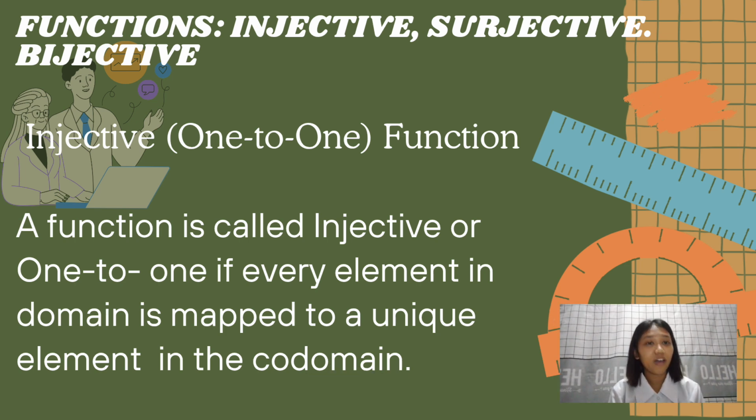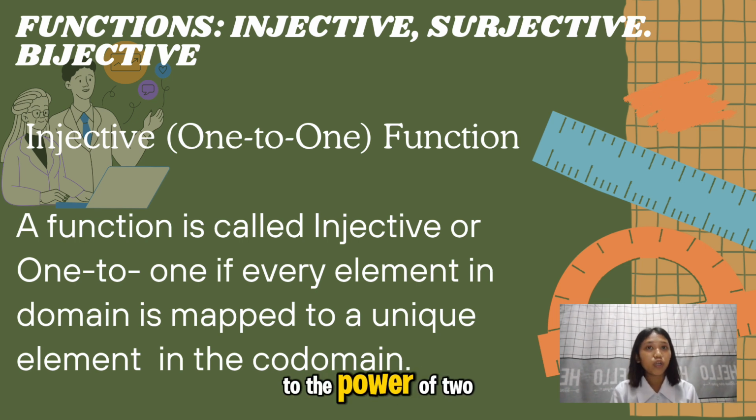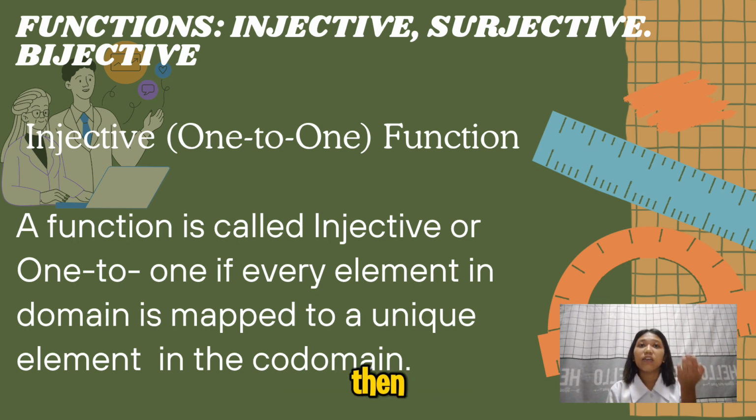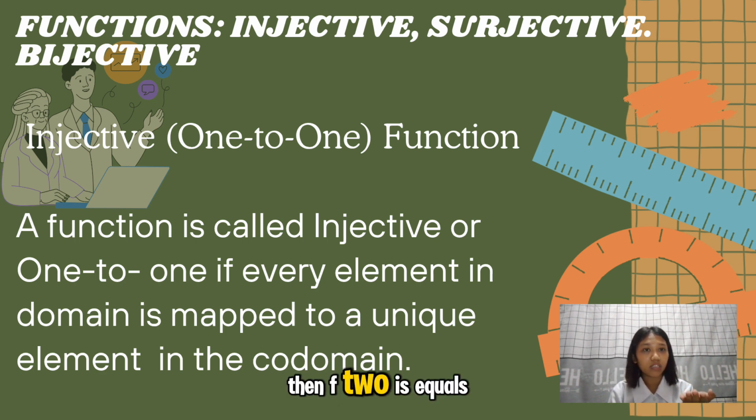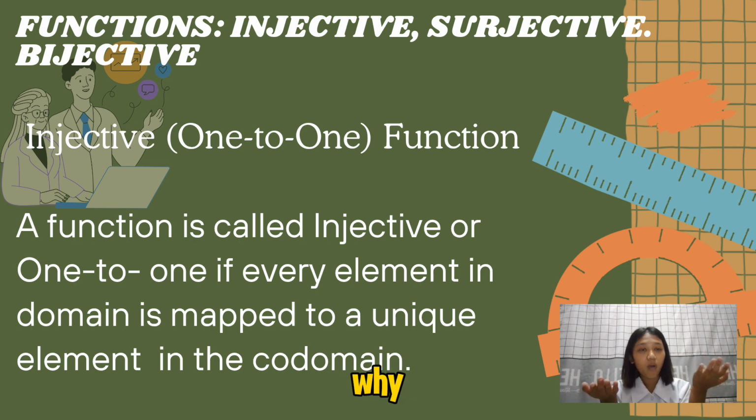Now consider another function, f(x) equals x to the power of 2. If x equals positive 2, then f(2) equals 4, because 2 to the power of 2 is 2 times 2, which equals 4.